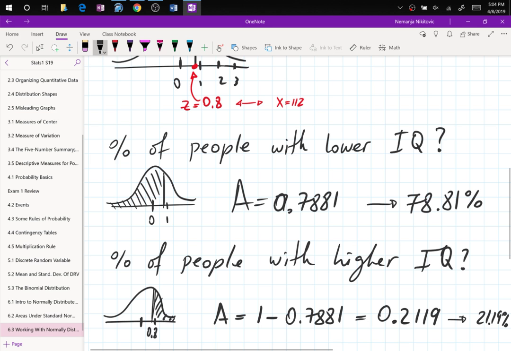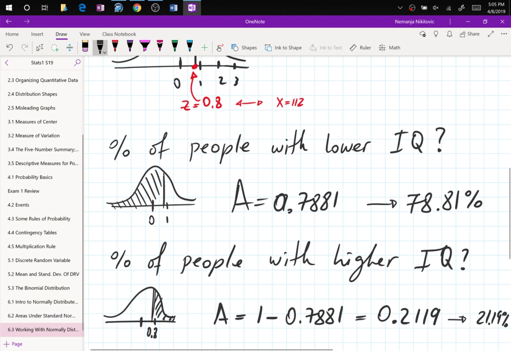So it's a very simple calculation, very simple concept. You have the x value, convert that to z, look up the z, and you will know the values.